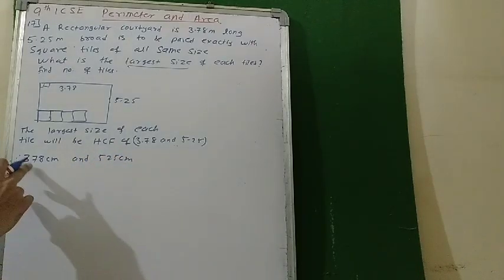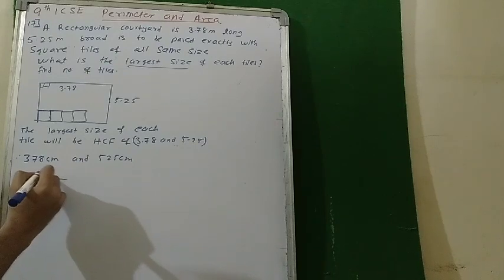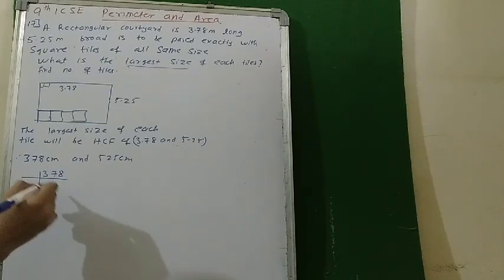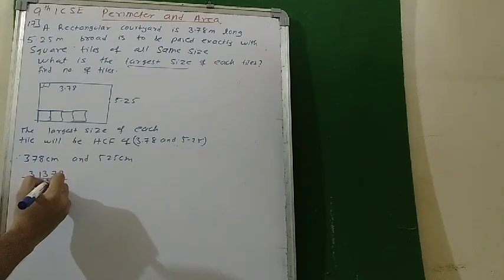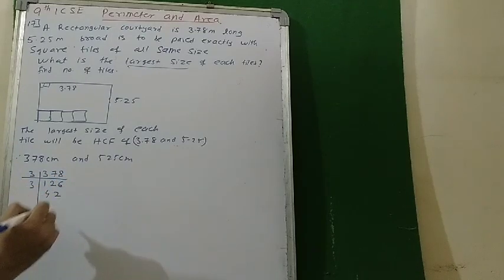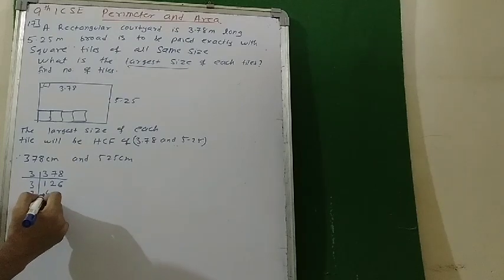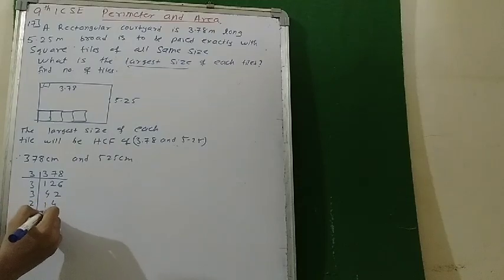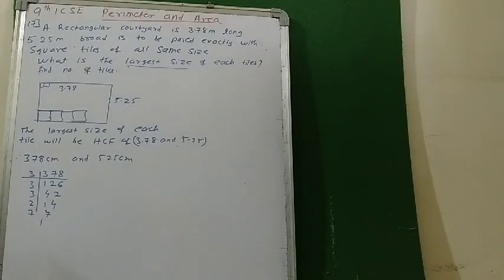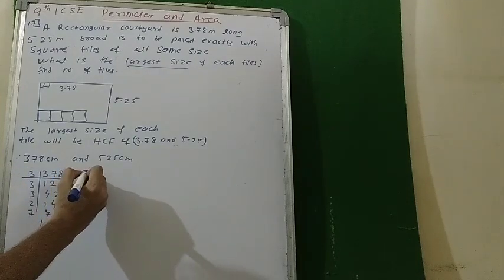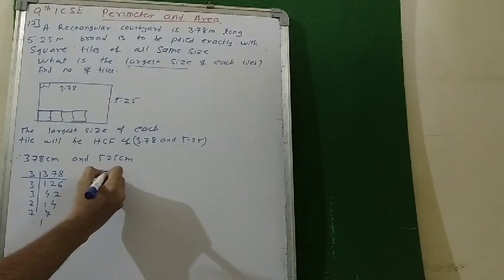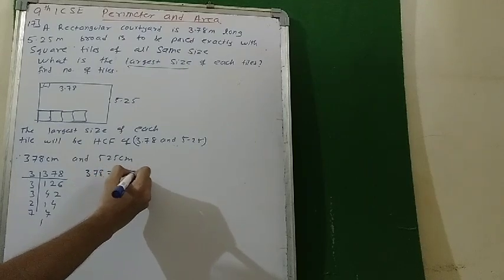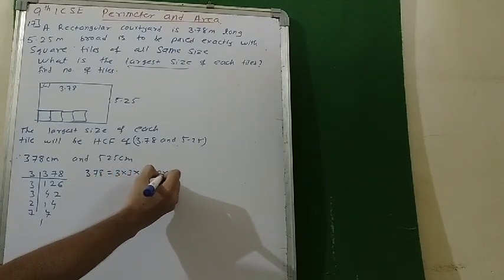So what are the factors of 378? 378, I will start with 3 1s are 3, 2s are 6, 6s are 18... Yes, I should take 2 in the beginning, but it's okay. So what are the factors of 378? 3 into 3 into 3 into 2 into 7.